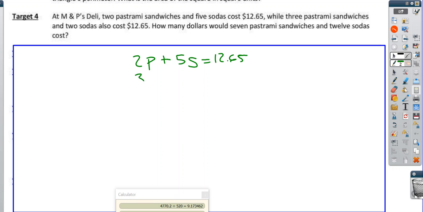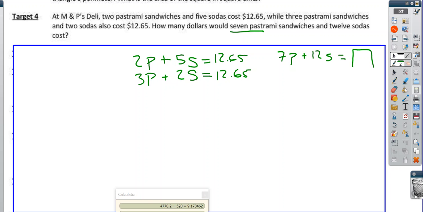If I buy 3 pastrami sandwiches plus 2 sodas, that is also $12.65. But that's not going to be super helpful, because then it asks, what is the cost of 7 pastrami sandwiches and 12 sodas? And that's what we're trying to find here.